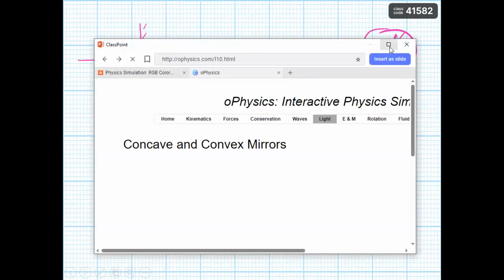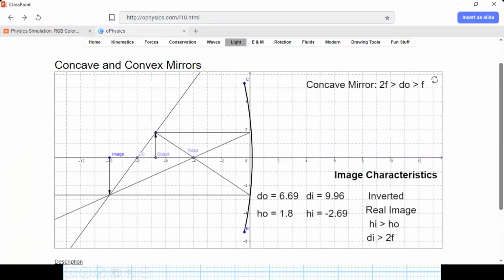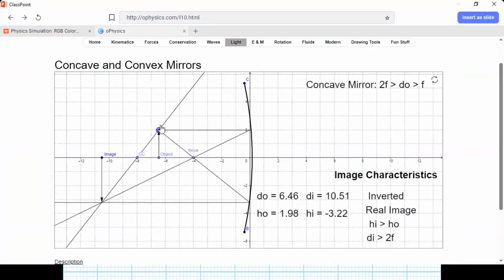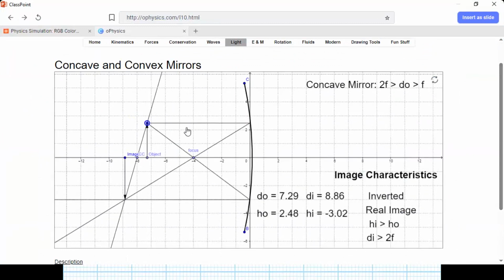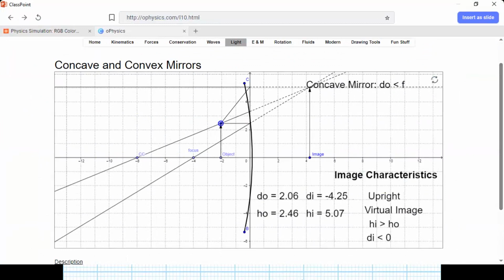Open this page. Okay, what you see here, there is an object. I can place the object anywhere. What is the focal point? The distance from the focal point to the mirror is called the focal distance.